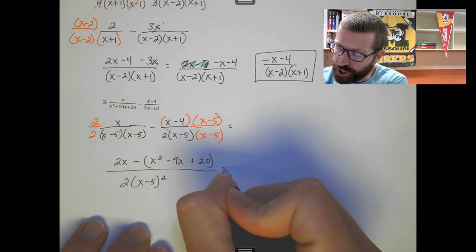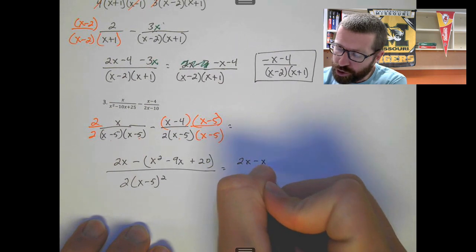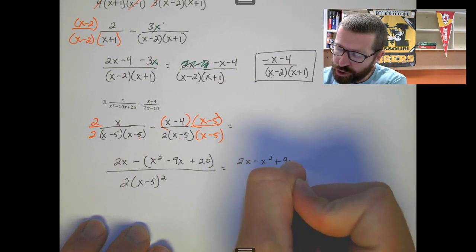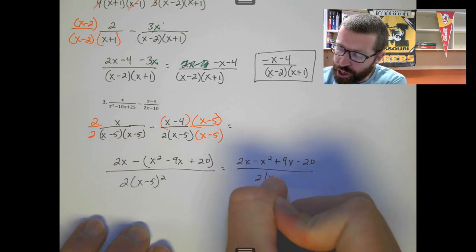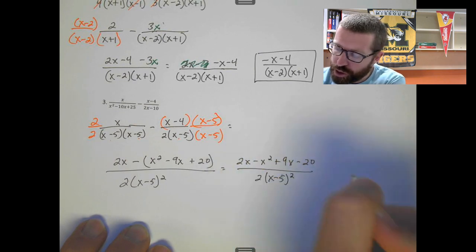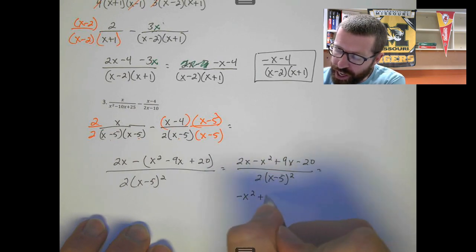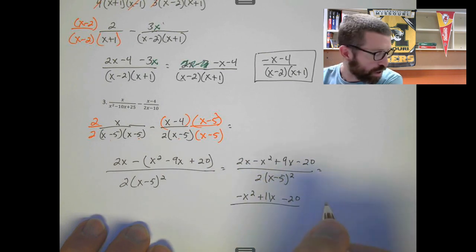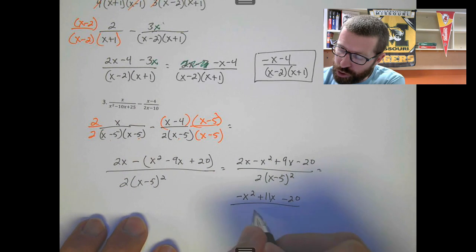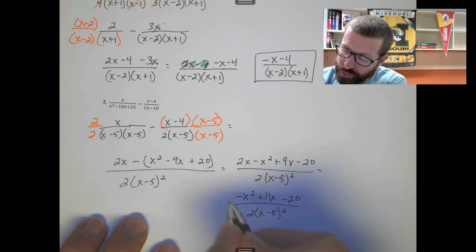And then distribute and combine like terms. So 2x minus x squared plus 9x minus 20 over 2 times x minus 5 squared. And then this gives us negative x squared plus 11x minus 20 all over 2 times x minus 5 squared.